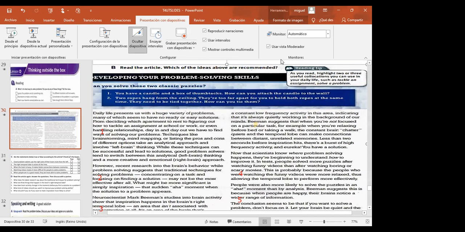Continue, Gabi. Beeman suggests that when you are not focused on a particular task, for example when you are relaxing before bed or taking a walk, the constant brain chatter in the temporal lobe can make connections between distant, unrelated memories.